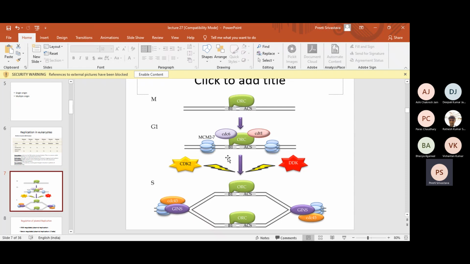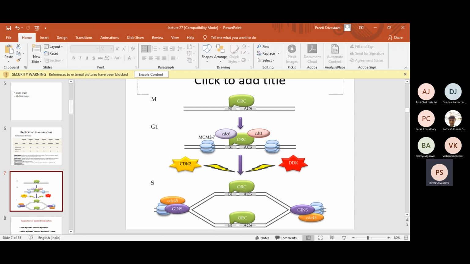Instead of the helicase, for example DnaB, which was the helicase in prokaryotes, in eukaryotes you have a similar hexameric helicase, but the name is MCM2-7. Just like DnaA, the initiator protein, here it is called CDC6 and CDT1. Then CDC6 and CDT1 are removed, but the origin recognition complex remains bound to the origin, and then another set of proteins will come in.